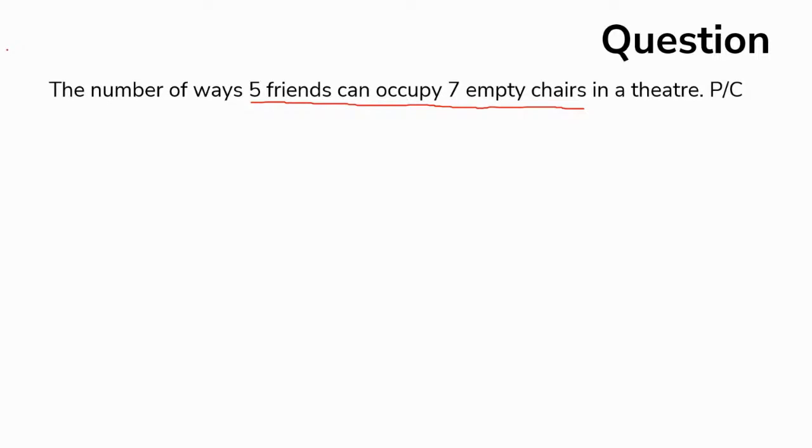It is not only a selection process, because they can change their chairs and that will be a different arrangement. So it is a permutation question. I said 7C5, 7 factorial divided by (7 minus 5) factorial into 5 factorial.